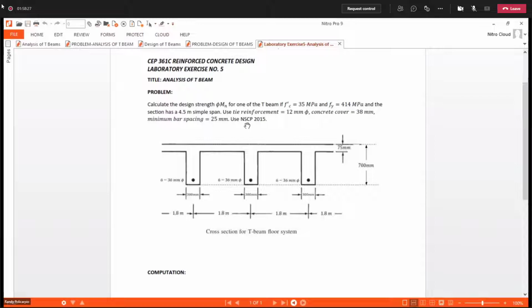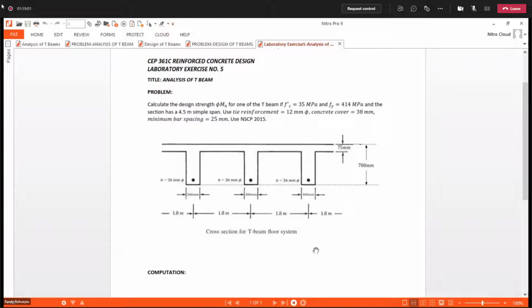So you're going to follow NSCP. Yung 4.5 dito, this is already the clear span. 4.5 meters. So all you need is add BW for you to compute one of the criteria in the selection of B effective.